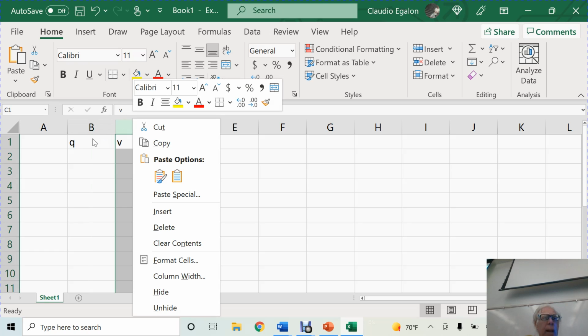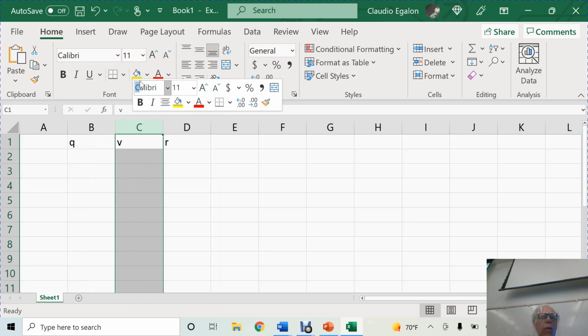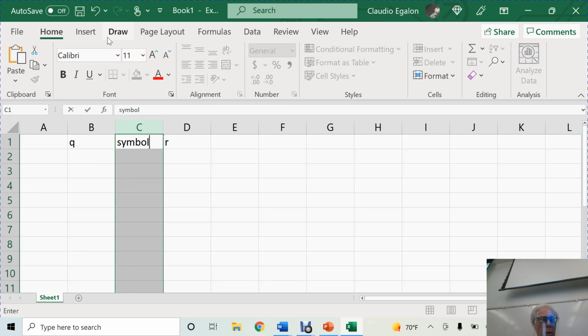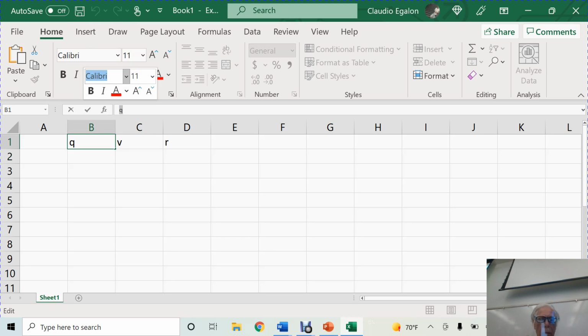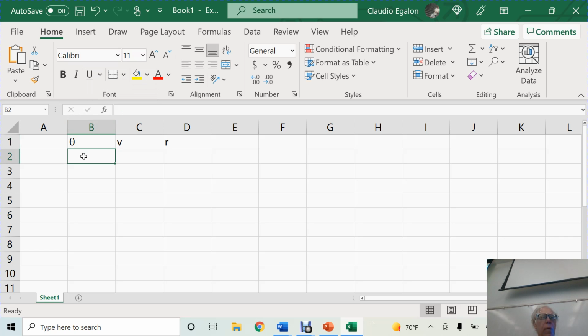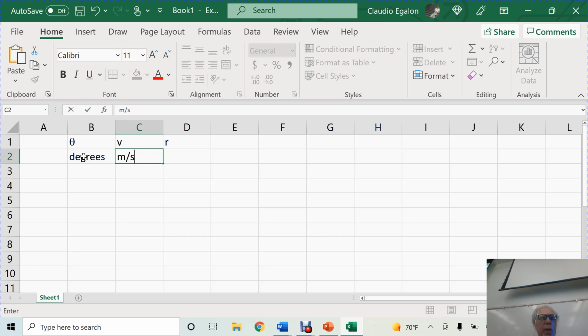First, let's put theta in degrees. Here's going to be meters per second, here's going to be meters.